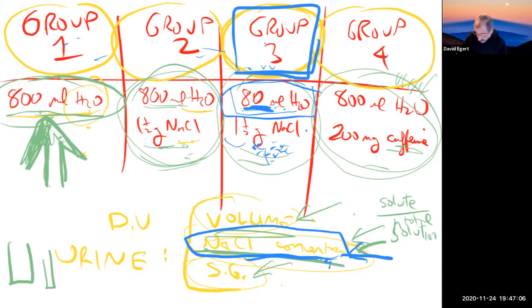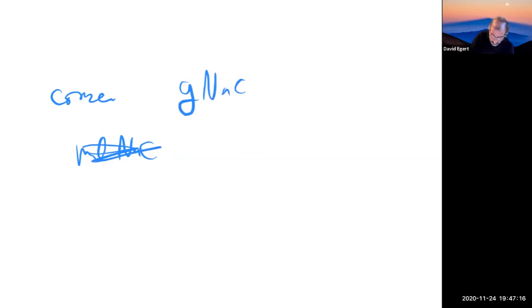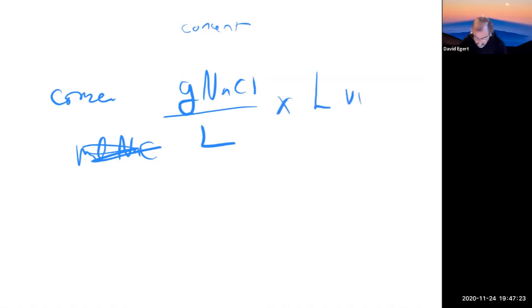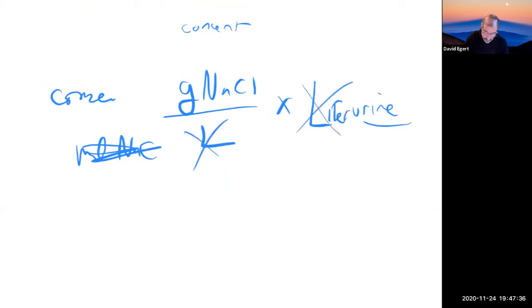If we take a concentration, like grams of sodium chloride per liter, times liters of urine, like what was the volume that you actually peed out, then I'm going to end up getting how many grams did you actually pee out in that particular voiding.